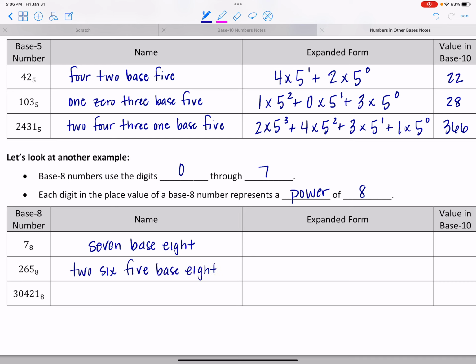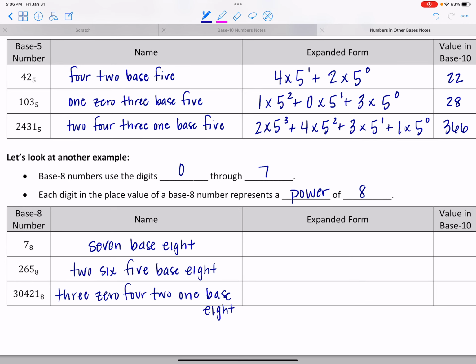And then not 30,421, but 30421 base 8. So when we're reading these numbers in other bases, we're literally reading those digits and stating that base.